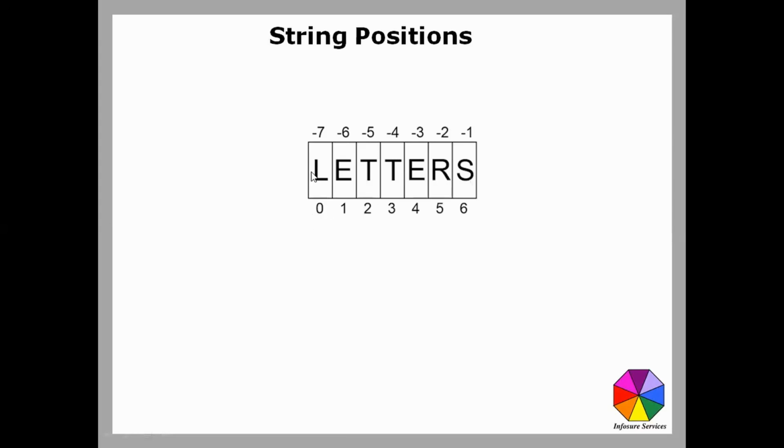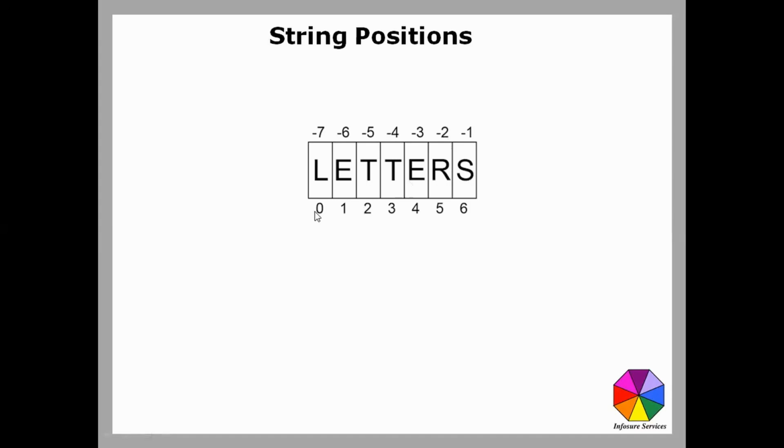In this case, the word is letters. L takes the value 0, and then 1, 2, 3, 4, 5, ending at S. And since a string can be read from the other side, S takes -1, -2, -3 going the other way.